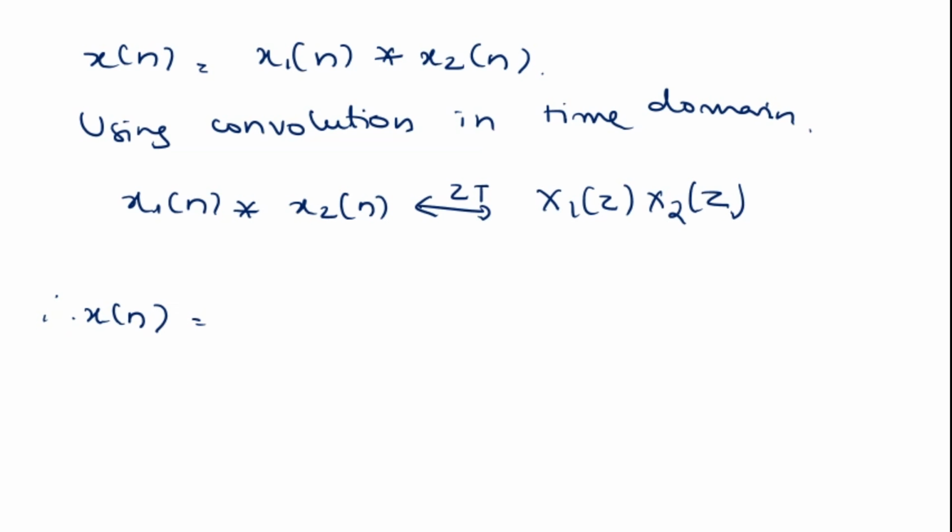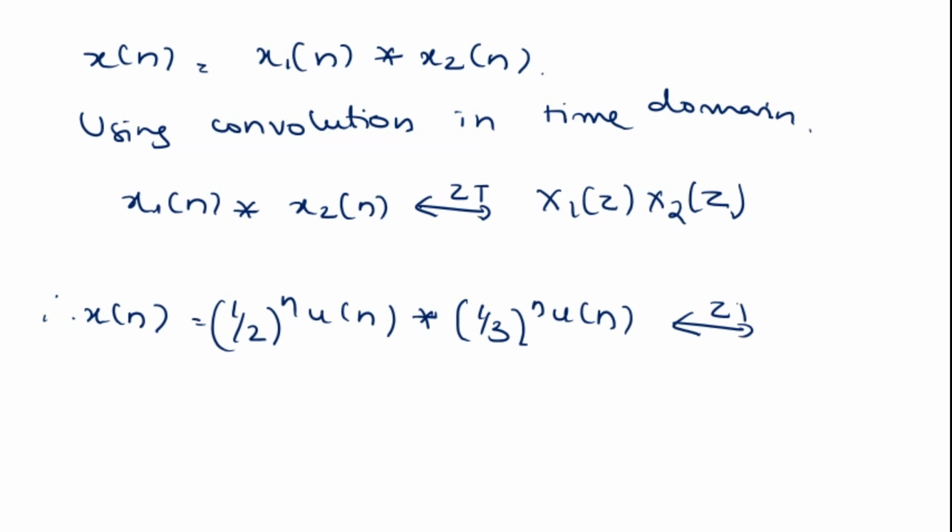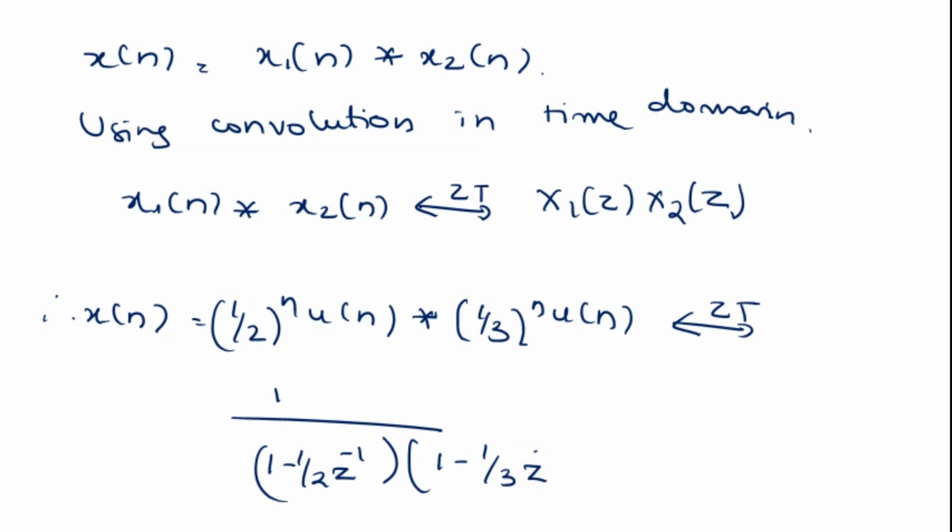Therefore, x of n is equal to half to the power n into u of n convolution with 1 by 3 to the power n into u of n. If we take the transform, we get 1 divided by 1 minus half z inverse into 1 minus 1 by 3 z inverse, with mod z is greater than half.